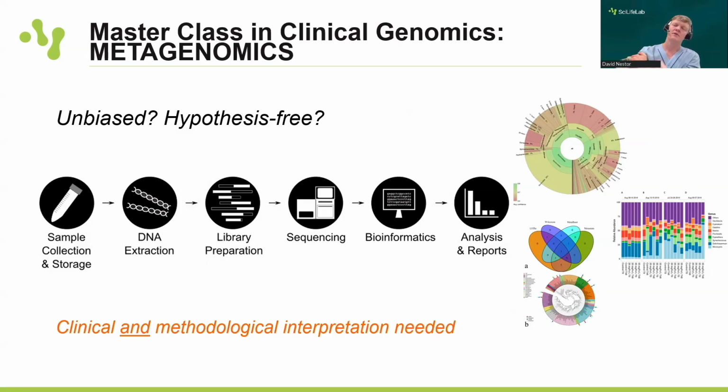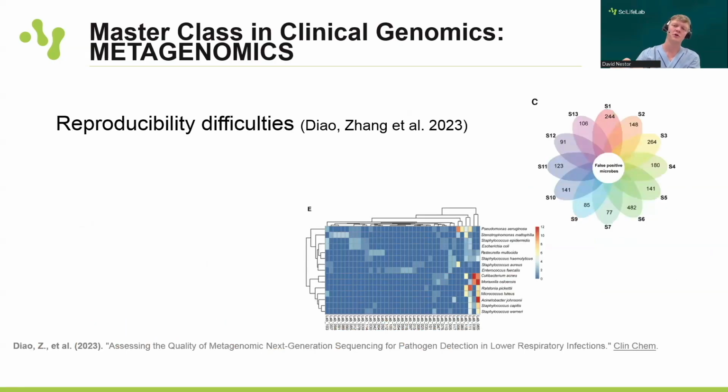Just to give you some brief examples from the literature of the difficulties with metagenomics. This paper from last year was from China, and in this paper they used sputum samples for lower respiratory tract infections. They had both spiked samples, contrived samples, and also clinical samples.